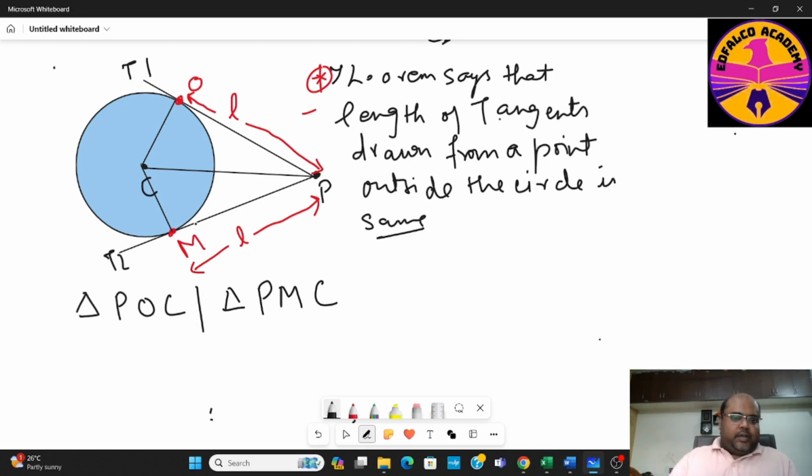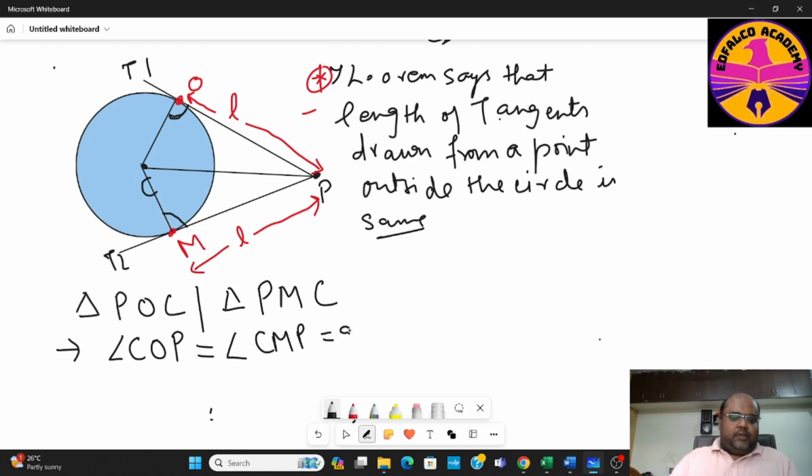If you look at these two triangles, the first thing is angle COP, which is this angle over here, is same as angle CMP, this angle.